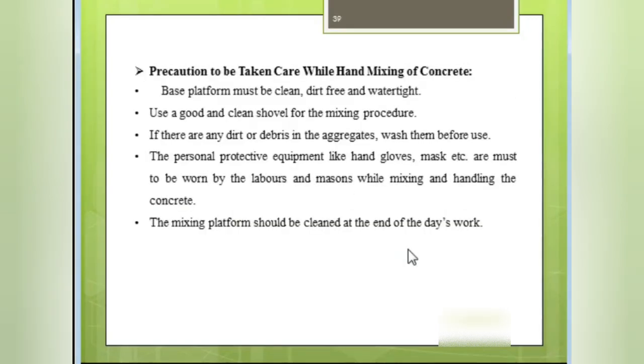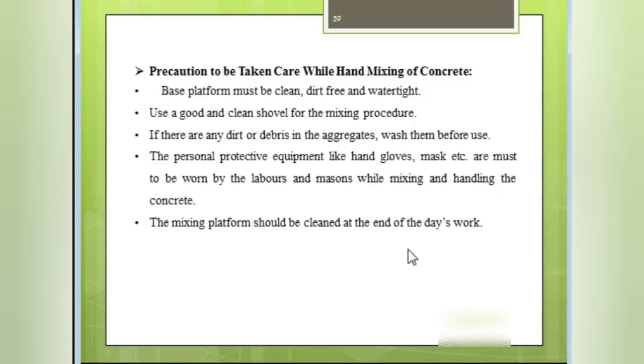What are the precautions to be taken at the time of manual mixing? The base should be uniform, hard, and non-porous, so that the cement paste will not be lost from your concrete. And hard in the sense that when you are working on that platform, it will not break.